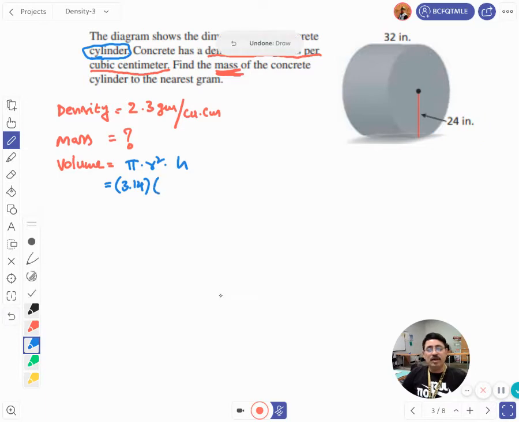Therefore, I'm taking 24 squared times h. Here, the height of the cylinder or the width of the concrete roller, these two are one and the same. That is 32.